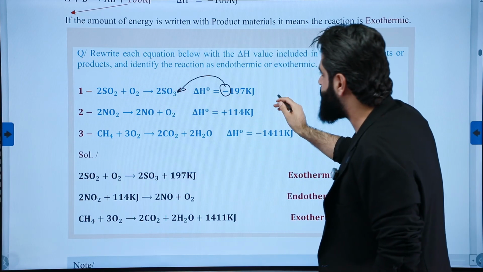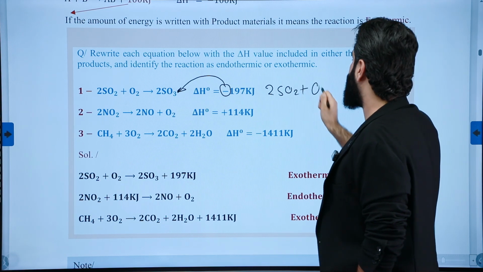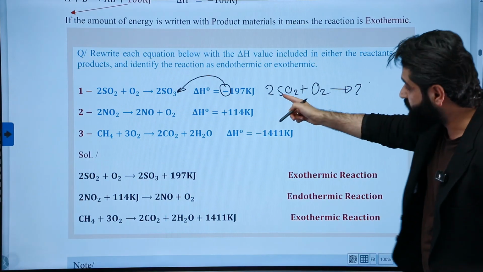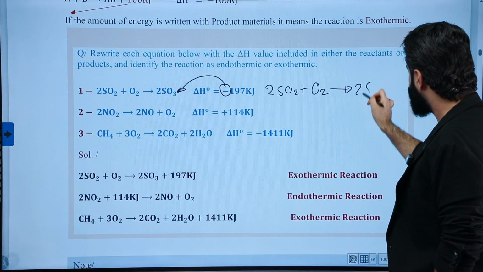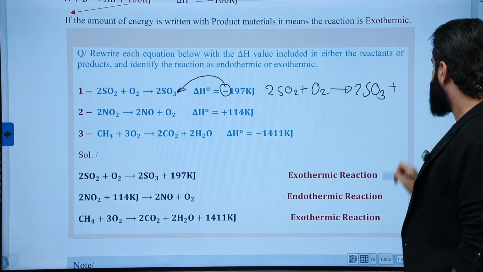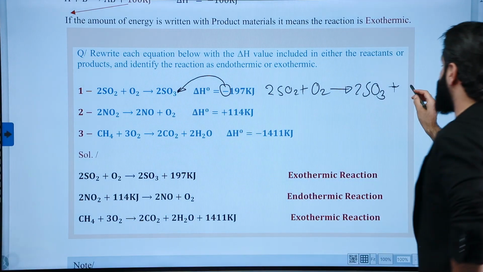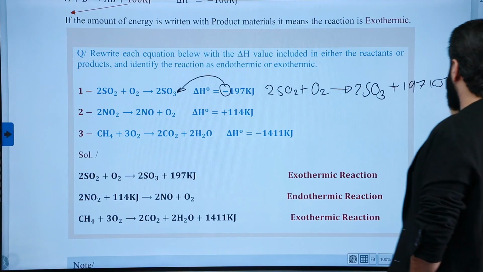Write the equation again from the first. 2SO2 plus O2 to form 2SO3 plus 197 kilojoules, because the value is negative so it is added to the products.